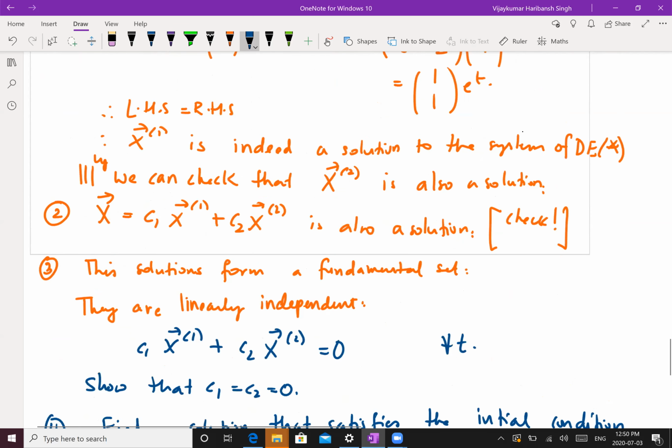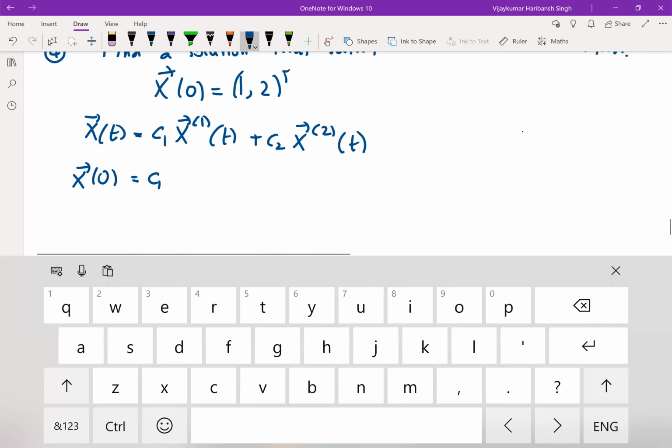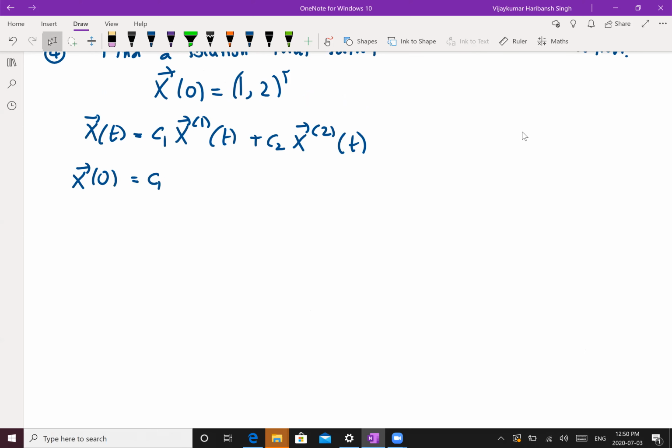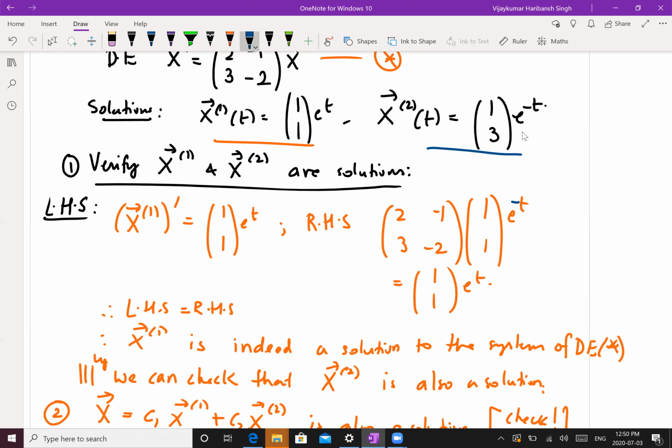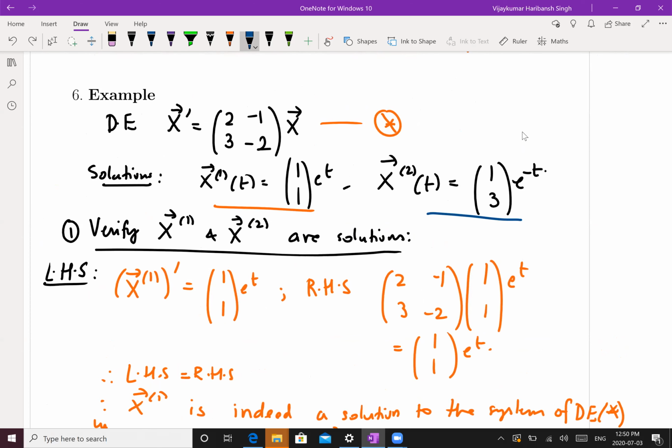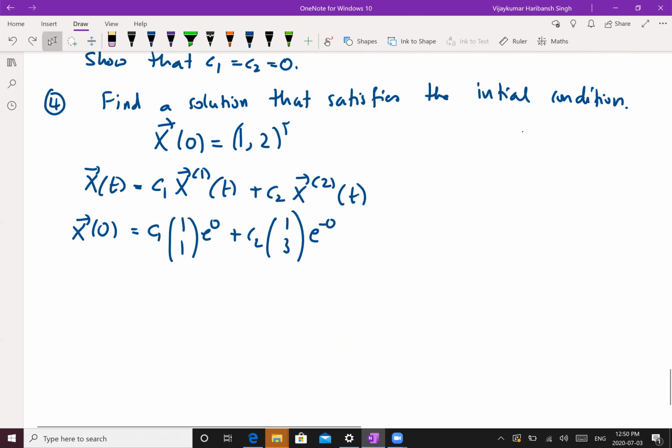Let me write that down. x of 0 equals 1, 2 would imply c1 times 1, 1 because e to the power 0, plus c2 times 1, 3 e to the power 0. Here the exponent is minus t. You want to solve for it.